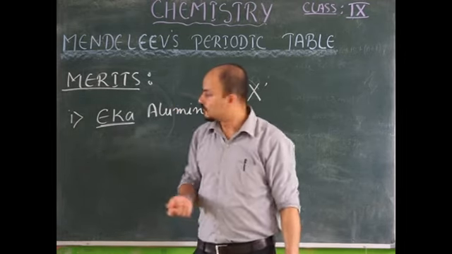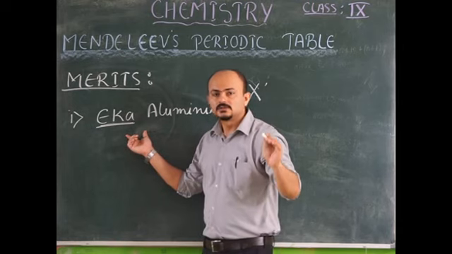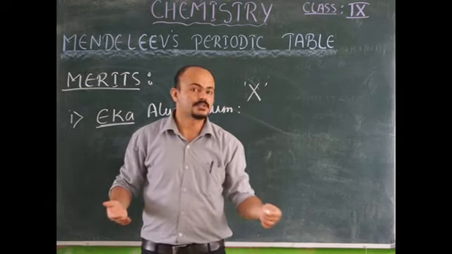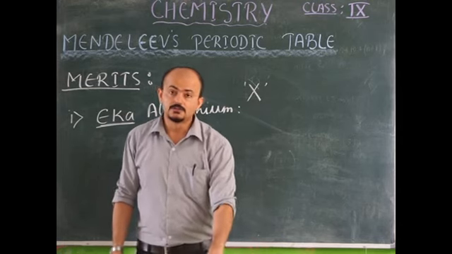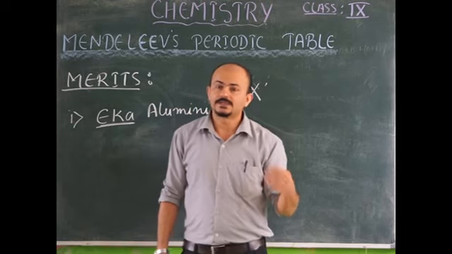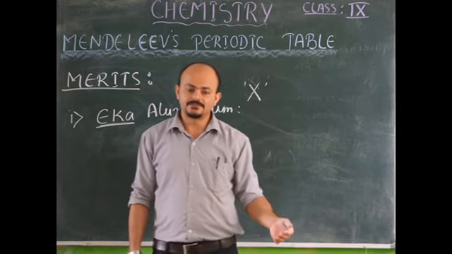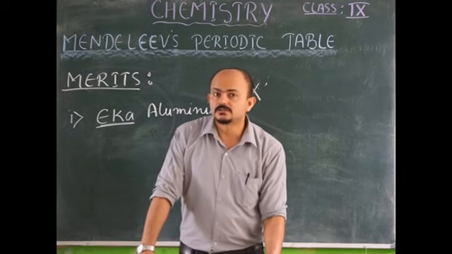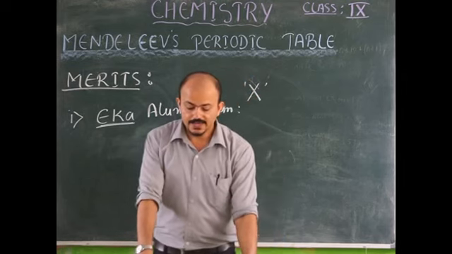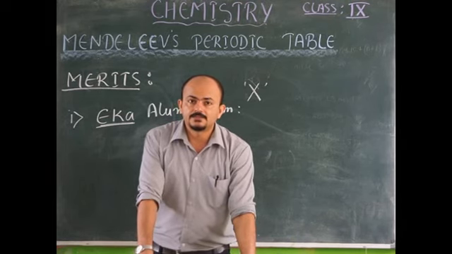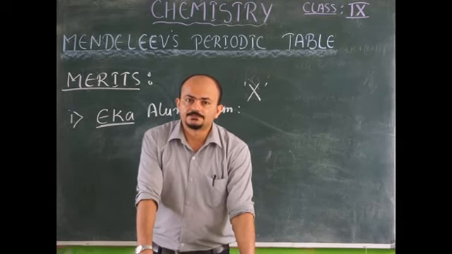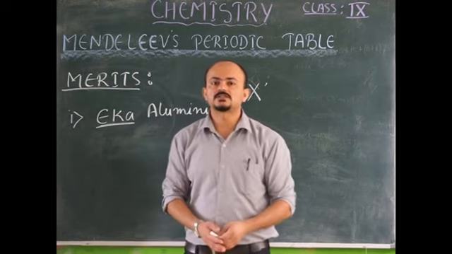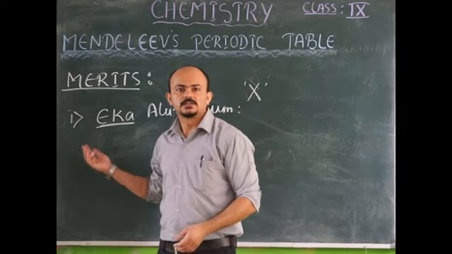So he was able to leave space for undiscovered elements and predict their properties, and he was also able to correct the atomic masses of some elements like gold and platinum. Please don't forget this. So we can say that he contributed a lot in the field of elements and in the periodic table.